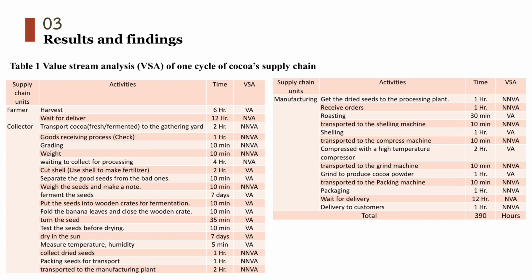And this is Table 1, value stream analysis of one cycle of the cocoa supply chain. This shows the supply chain units: farmer, collector, and manufacturing. The activities take a total time of 390 hours.